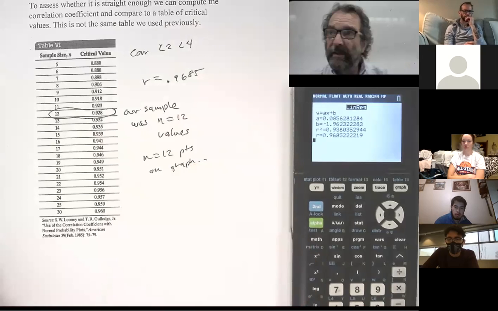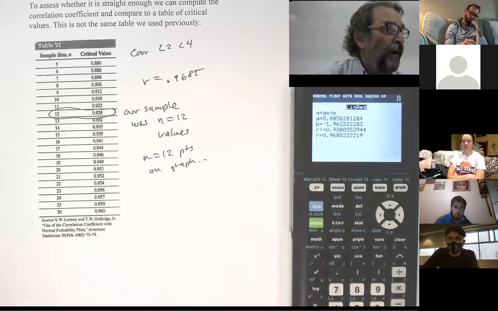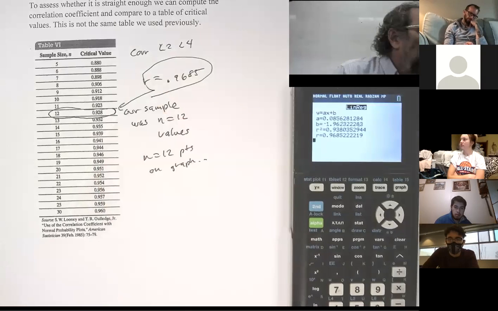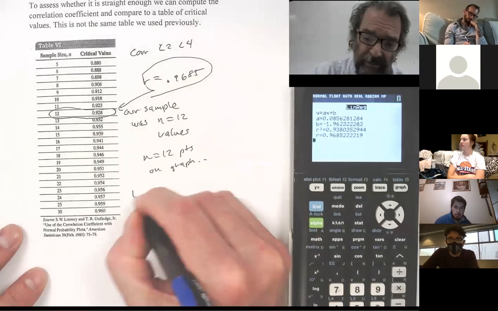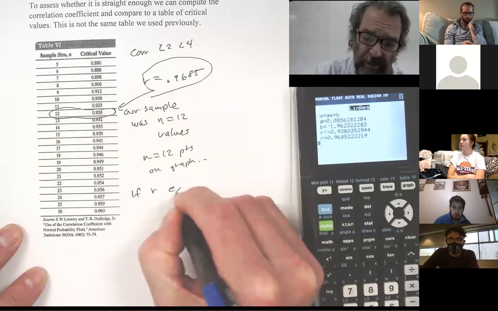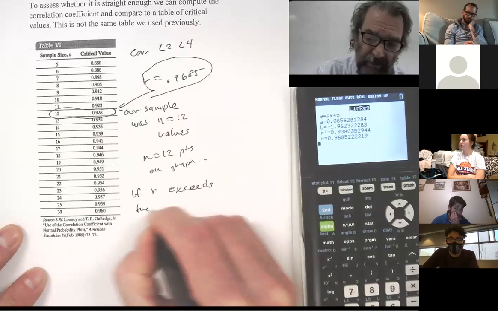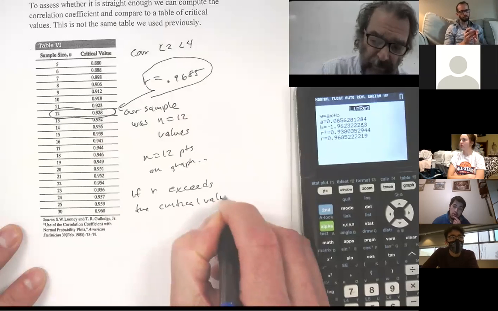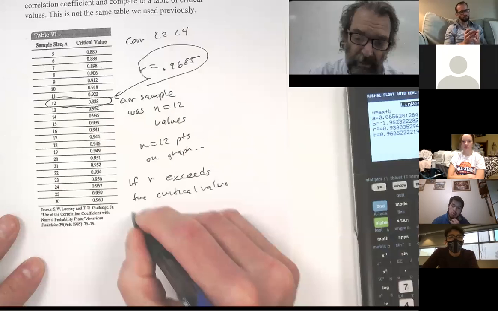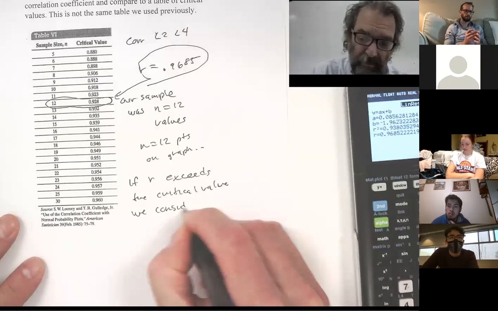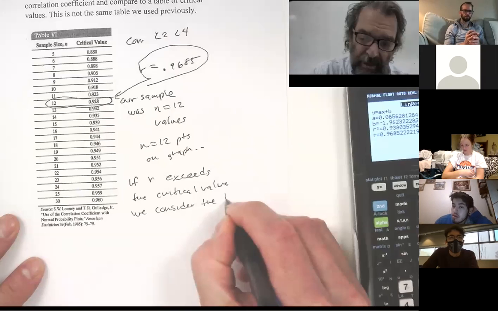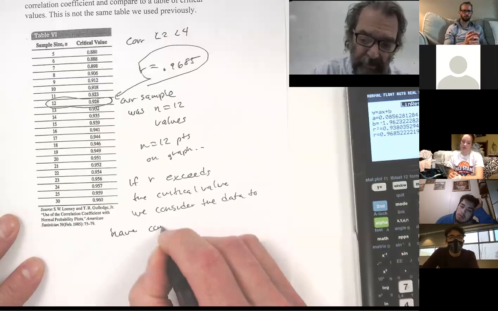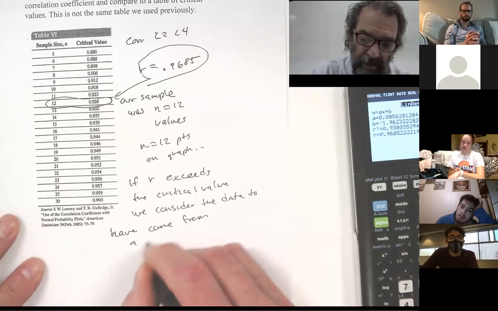Okay. And so we'll compare our 0.9685 to that 0.928. So it says if R exceeds the critical value, we consider the data to have come from a normal distribution.